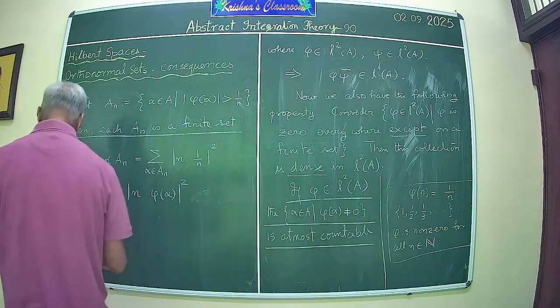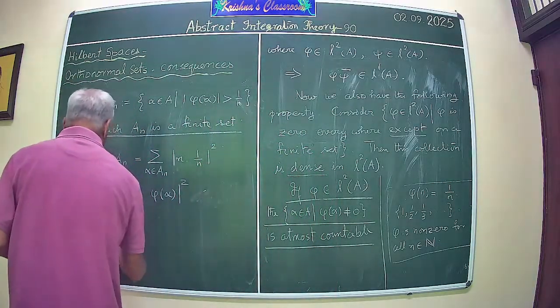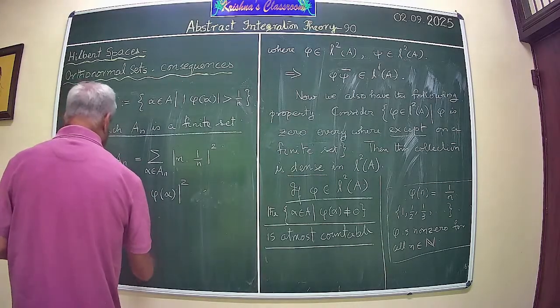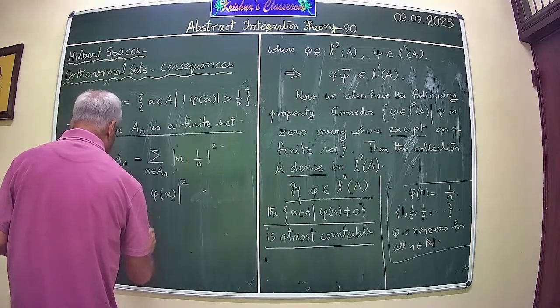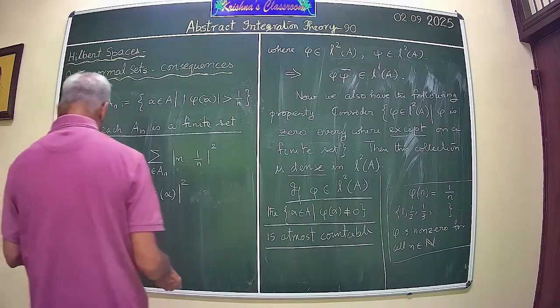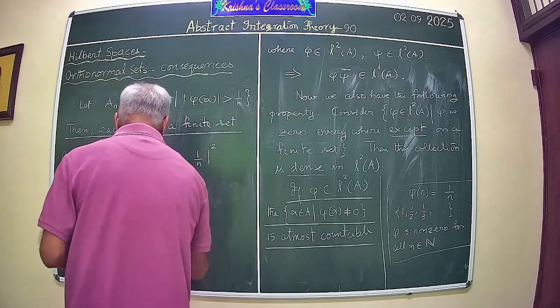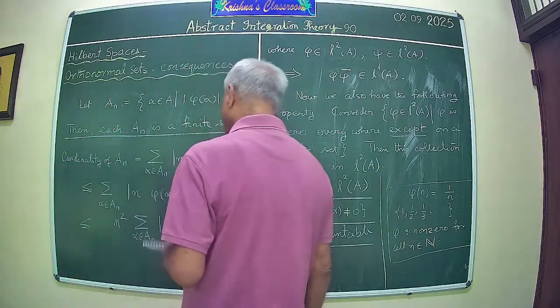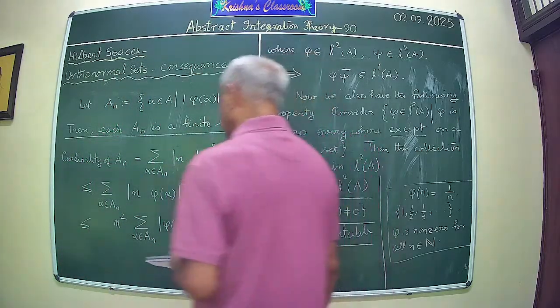This is less than or equal to n squared times the sum over alpha belonging to A_n, and this is finite.